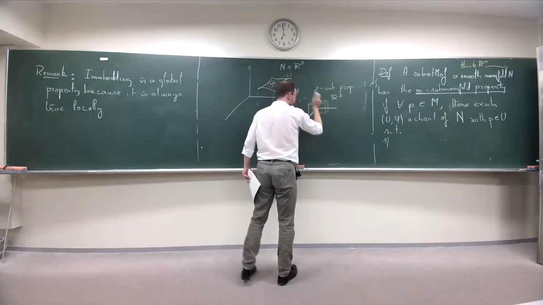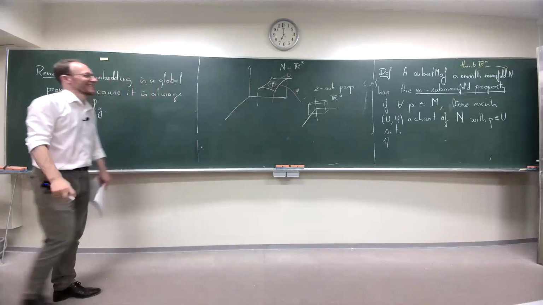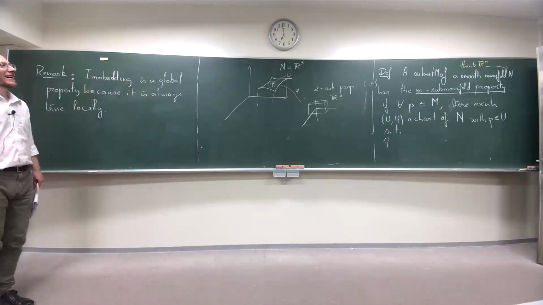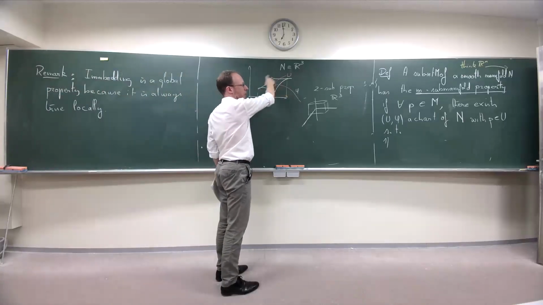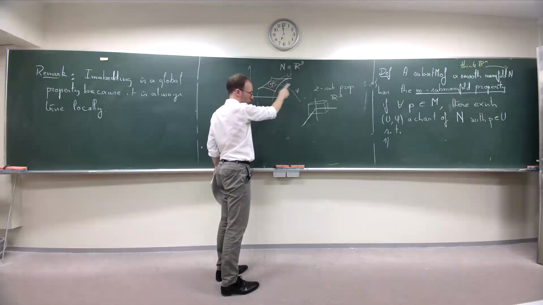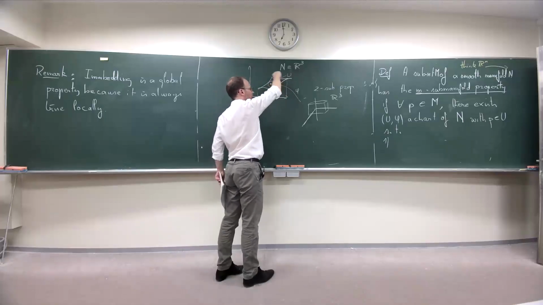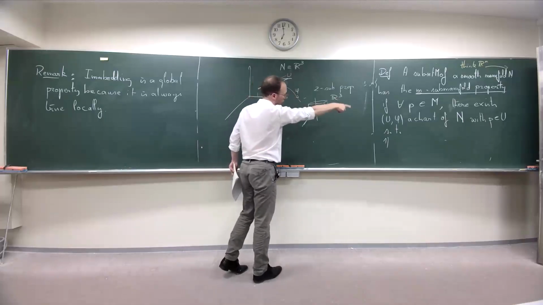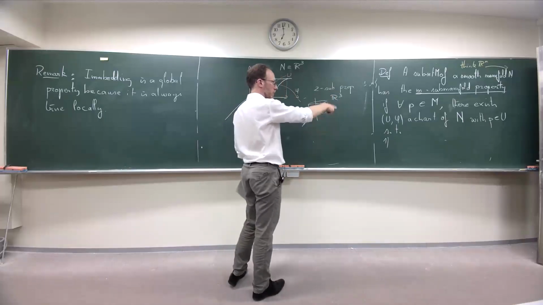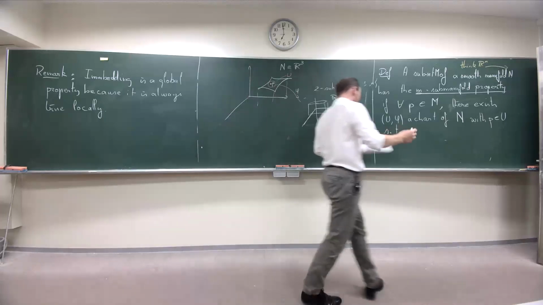Okay, maybe it's not a good box, but okay, you can see it. So if for any p you can find a chart of N, so an open ball, and phi going from this open ball to R^n, but in my picture it is R^3, such that we have three properties.